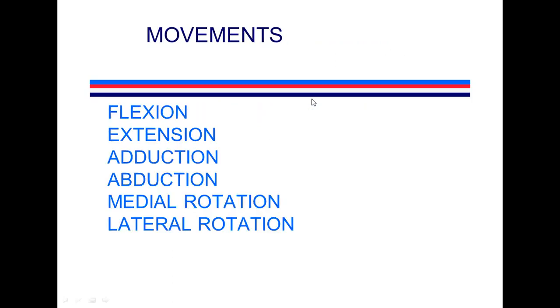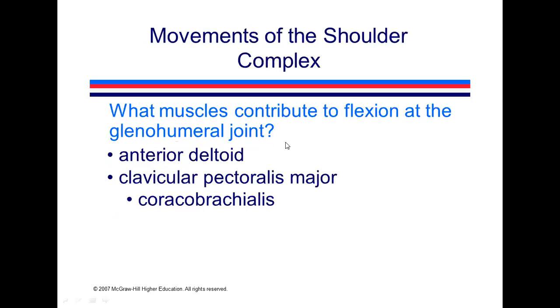Now, next we're going to study the movements. There are different movements that occur at the shoulder joint: flexion, extension, adduction, abduction, medial rotation, lateral rotation. There are other movements like horizontal adduction of humerus and horizontal abduction of humerus as well. So let's start.